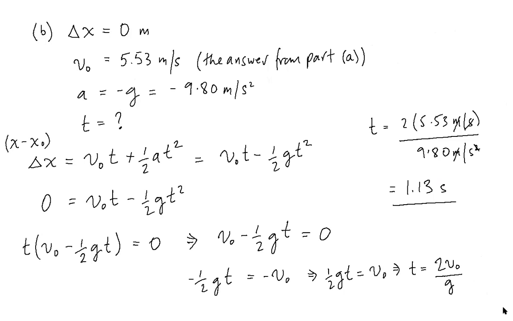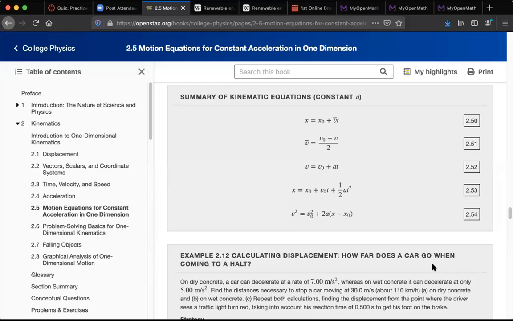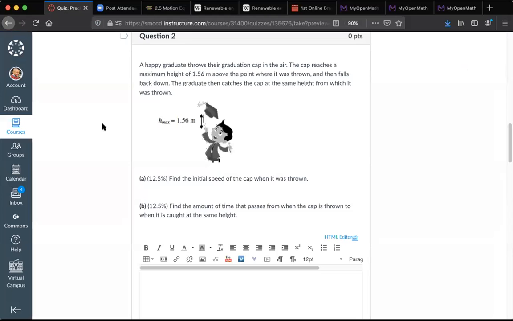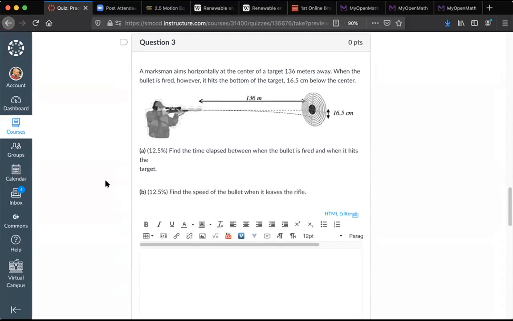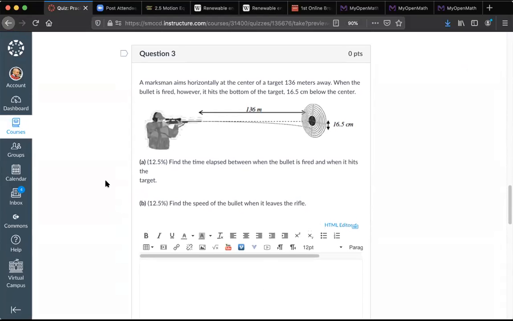Okay, let's move on to number 3. So here's our marksman. The marksman aims horizontally at the center of the target that is 136 meters away.